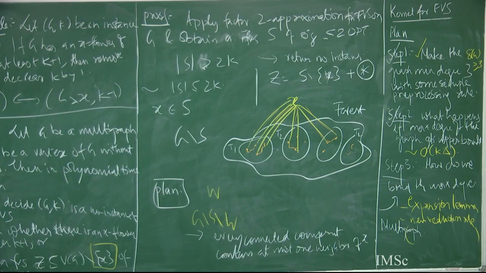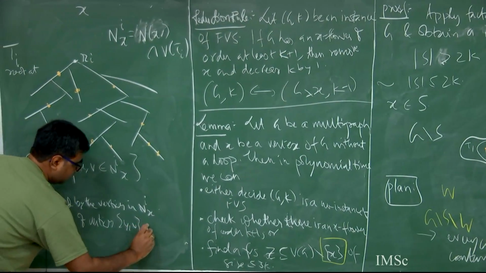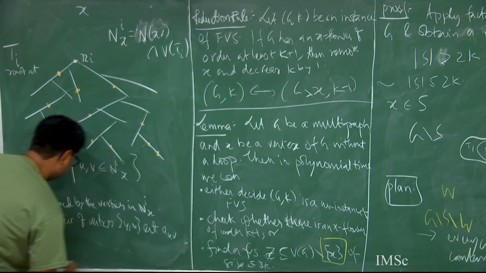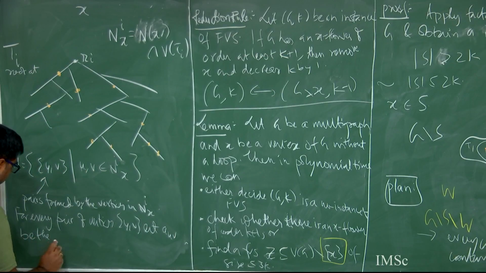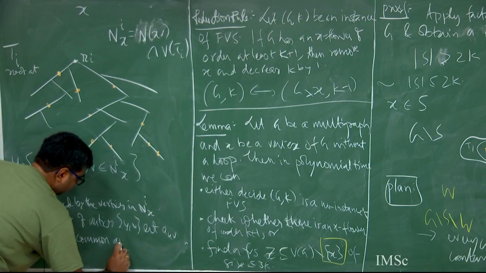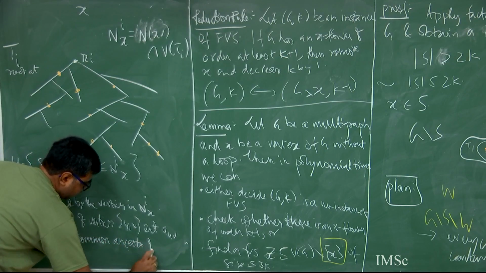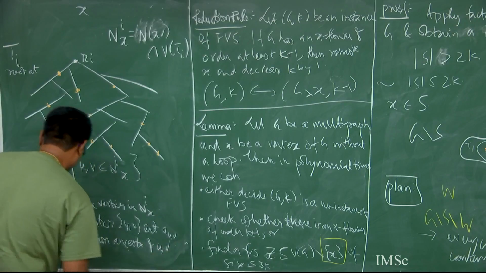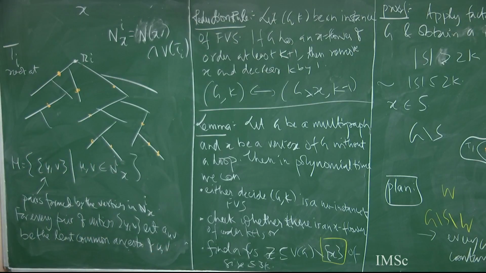So for every pair of vertices UV, let A_UV be the least common ancestor of U comma V. And as I told you, A_UV could either be U or V, and that will be if they are on the same path.